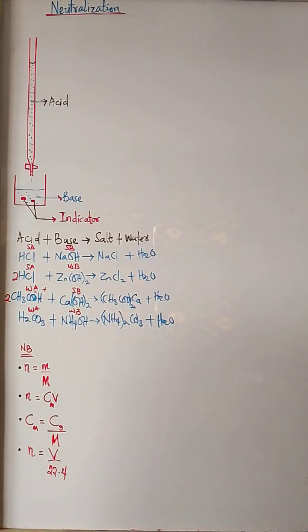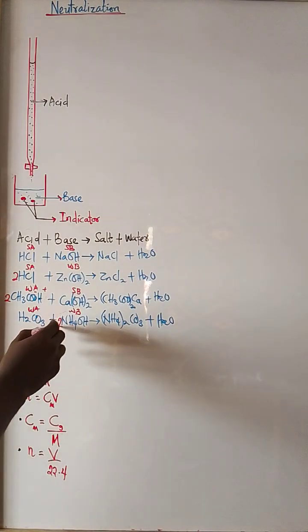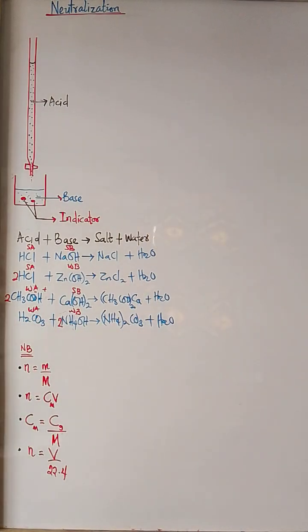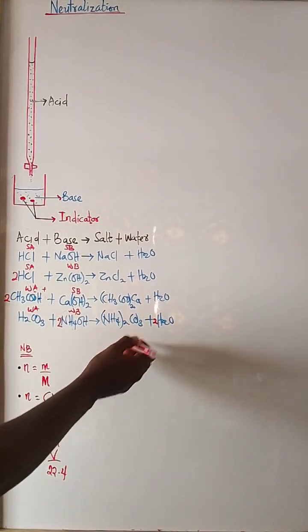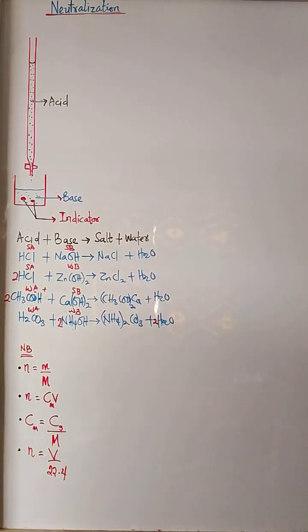This is balanced. Calcium is 1, should be balanced. For the last one, NH4 is 2, so it should be balanced this way. Let me confirm if they are all balanced. This one here is not balanced. Let's put 2 here. With this it is balanced. Let's check the others too. I think they are all balanced now.